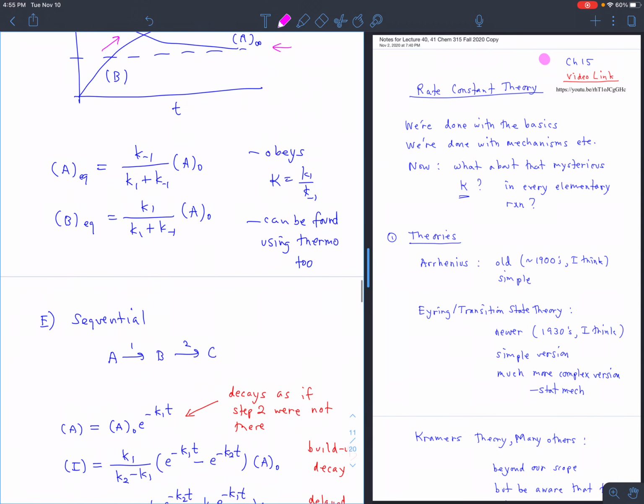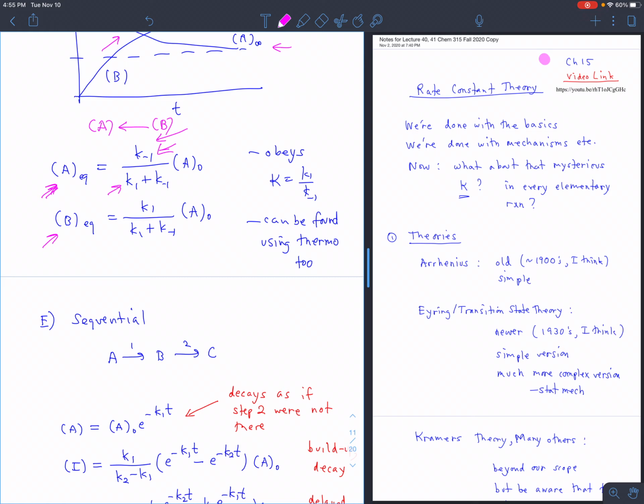And you can show from the kinetics itself that the equilibrium value for A is equal to the rate constant for the backward reaction over the sum of the two. Notice it's for A. It's the rate constant that creates A, right? The backward reaction creates A from B, so it's appropriate that it's the backward rate constant that appears here.